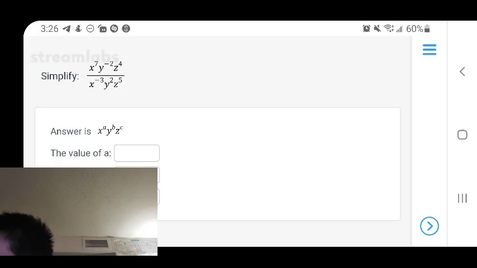Y is 0. No, y is 4. Wait, how do we do this? Because the 2 goes down, it's y to the 4 on the bottom, now it's negative 4. Yeah.